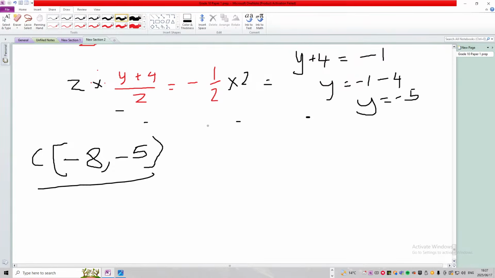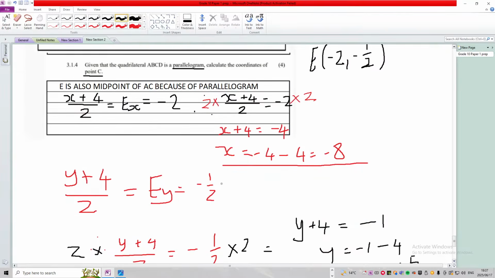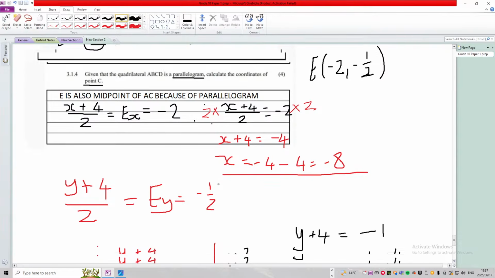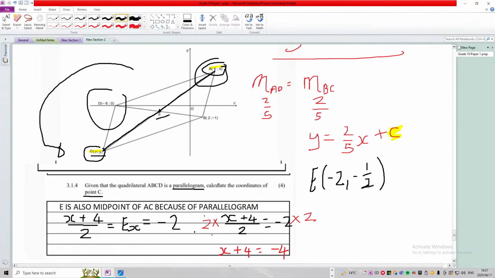Yeah, it is minus 5. 2 plus 10. 2 plus 10 is negative 8. Where did you get 10 from?